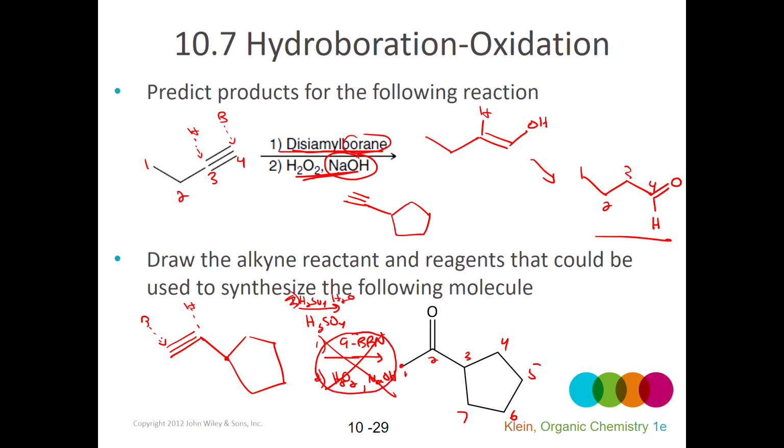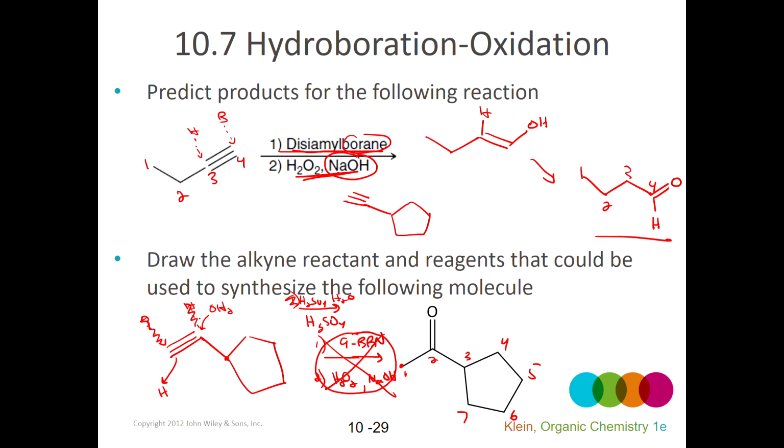So instead of the boron adding here and the hydrogen adding here, with this set of conditions, the pi bond picks up a hydrogen and the mercury stabilizes the positive charge that would form. And then water comes in to that carbon.